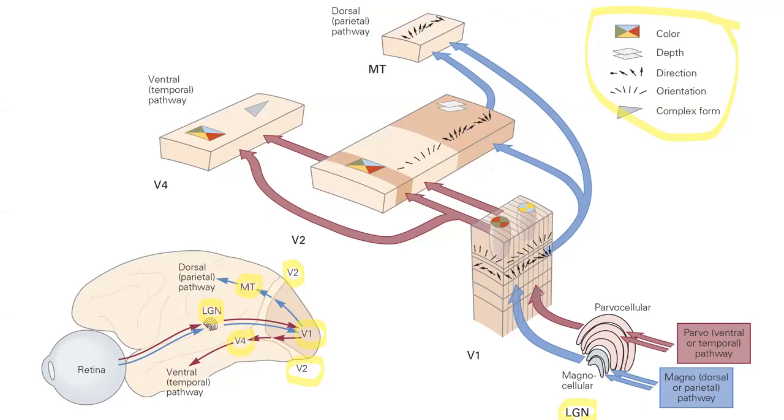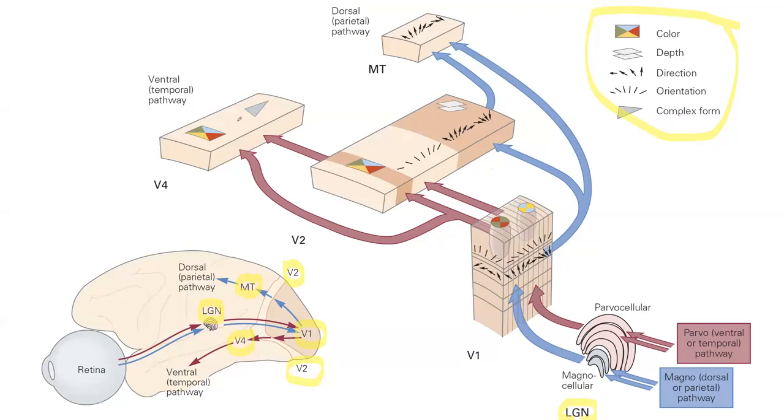does carry information about wavelength and local orientation, which is still kept completely separate in the top layer of the primary visual cortex still, and even in V2 and even in later areas like V4.